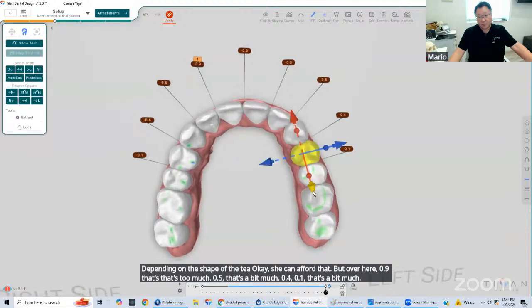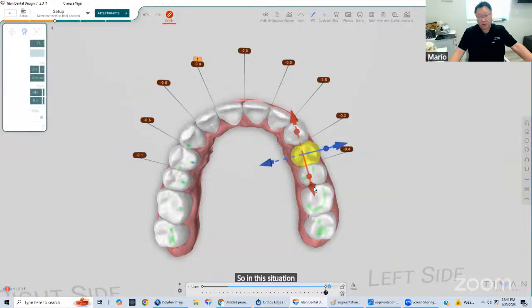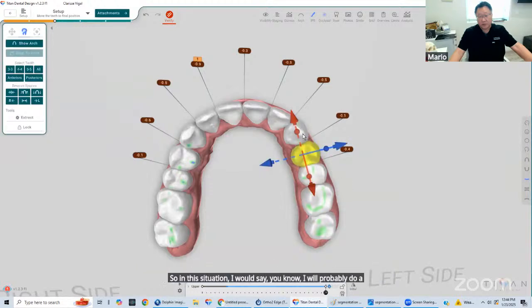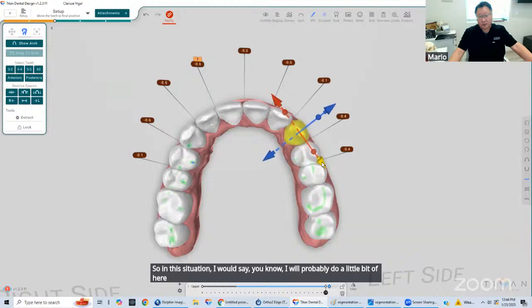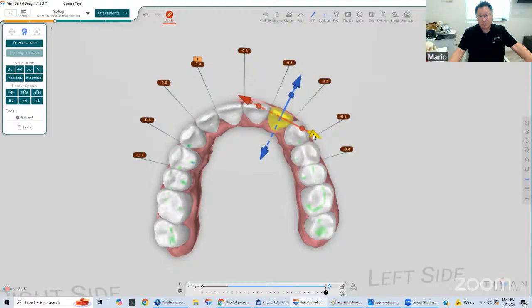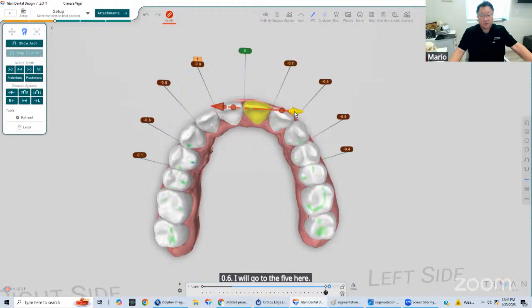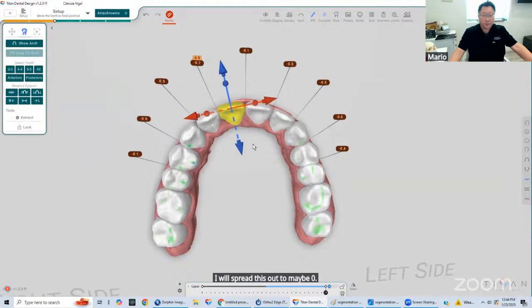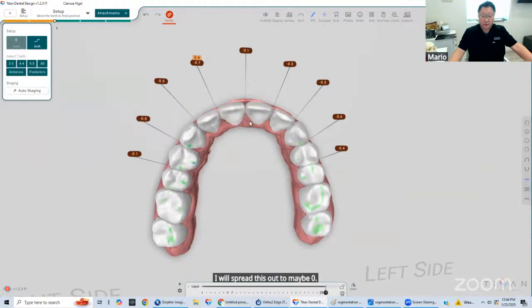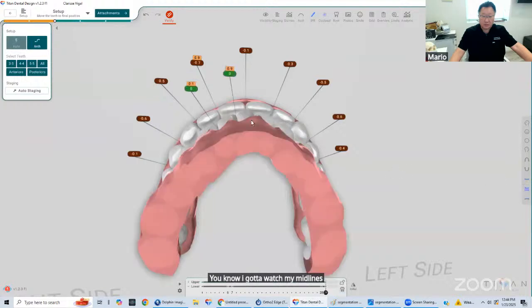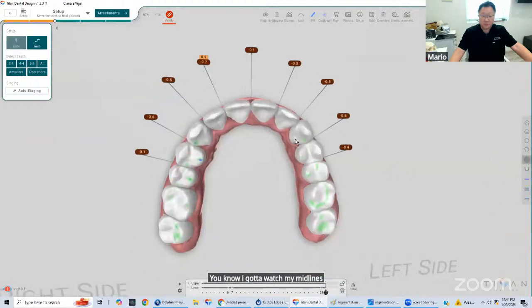So in this situation, I will probably do a little bit of work here. I will spread things out. 0.6. I will go to the 5 here. I will spread this out to maybe 0.3. I have to watch my midlines. My midline is still good for now.